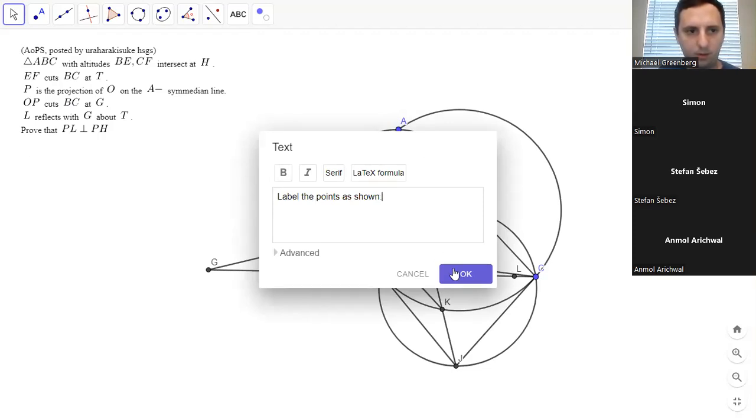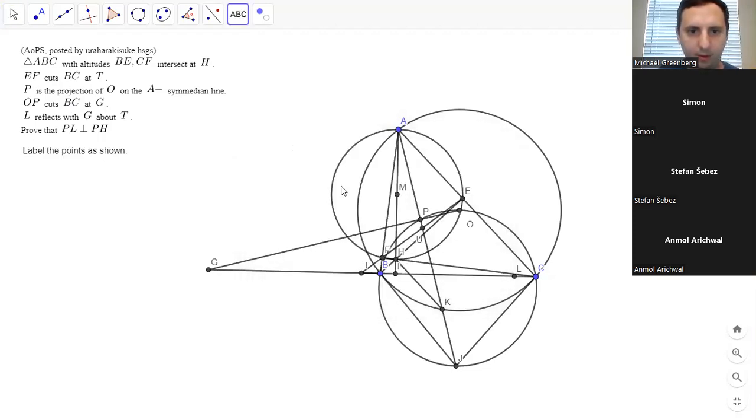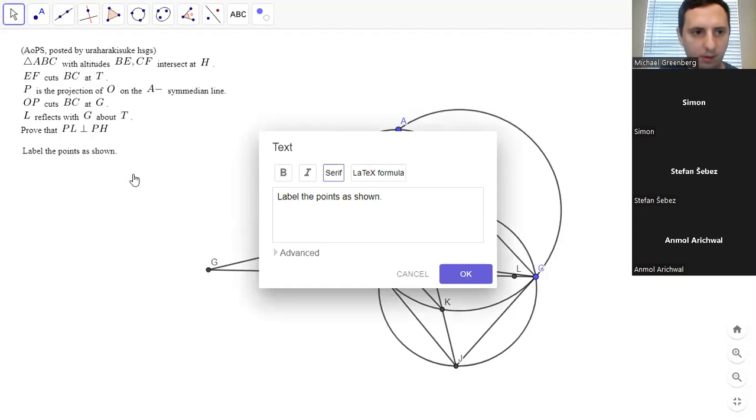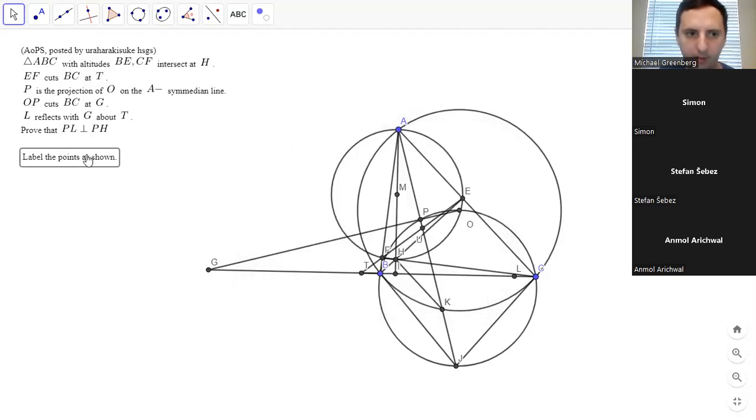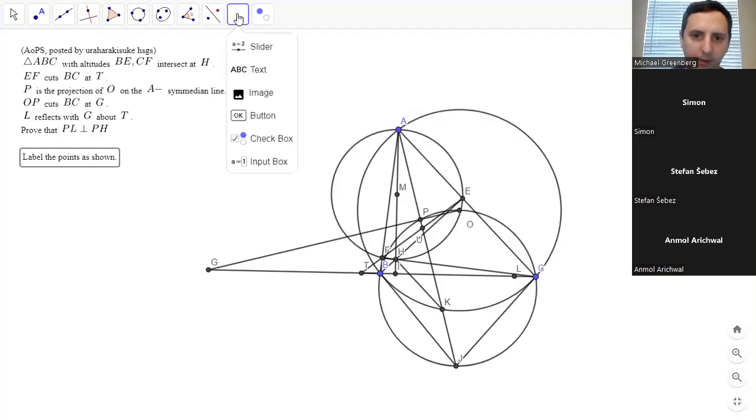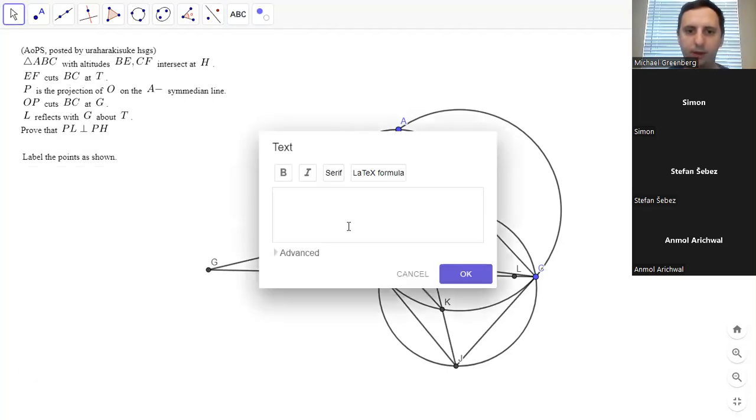Let me make it serif. U is the mid, so AK is a symmedian and EF is anti-parallel to BC. That means U is the midpoint of EF.